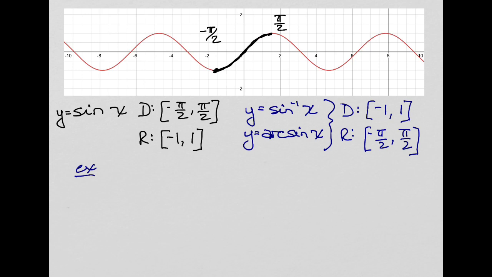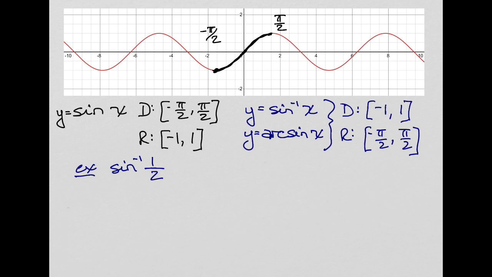If I say, for example, the inverse sine of 1/2, and I would like to evaluate that, what I'm really saying is I'm looking for the angle whose sine value is 1/2 and is in the right range. So I'm looking for the angle between -pi/2 and +pi/2, that's quadrant 1 or quadrant 4, that has a sine value of 1/2.